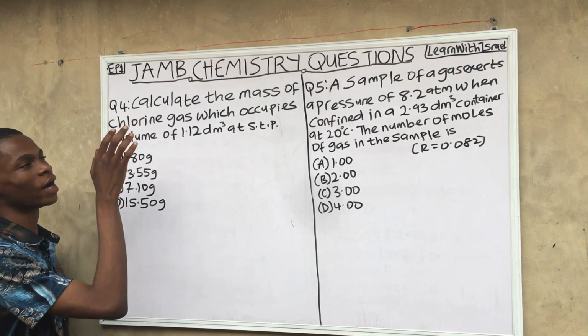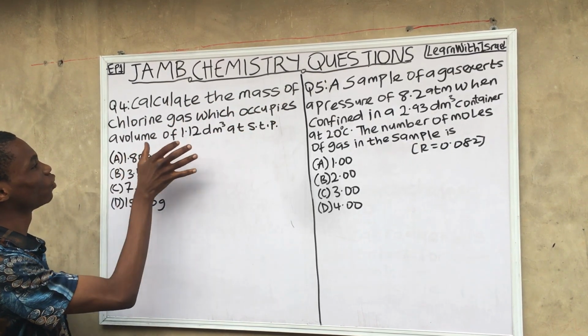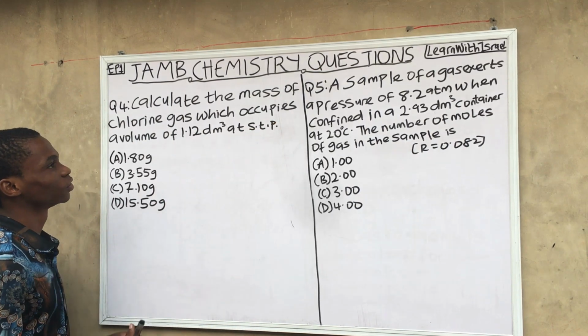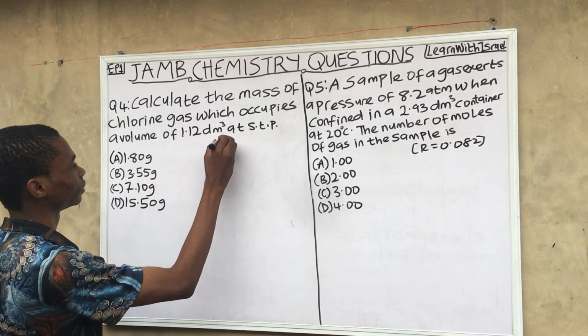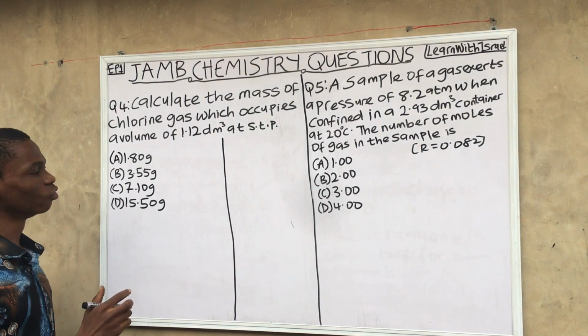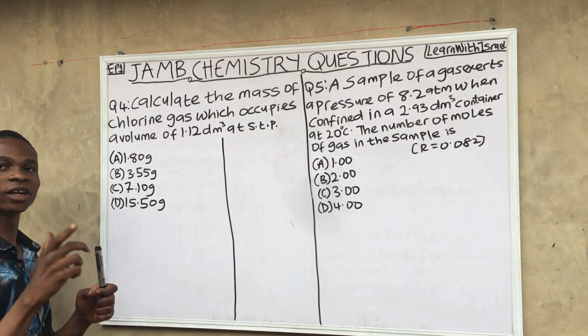Question 4. Calculate the mass of chlorine gas which occupies a volume of 1.12 dm³ at STP. So let's calculate. The first thing to know is our molar volume. Our molar volume is not in the question, but it's a constant.